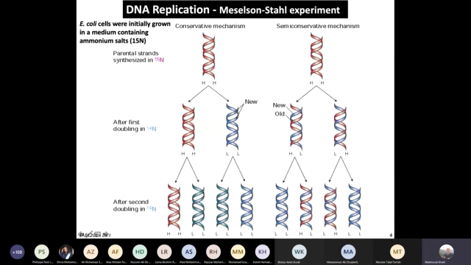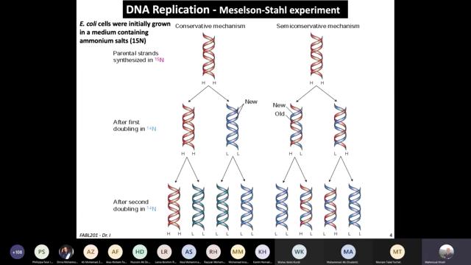So now, by the end, you will see a combination of double-stranded light and double-stranded heavy light. So actually, these are the two theoretical mechanisms of DNA replication tested by Meselson-Stahl.